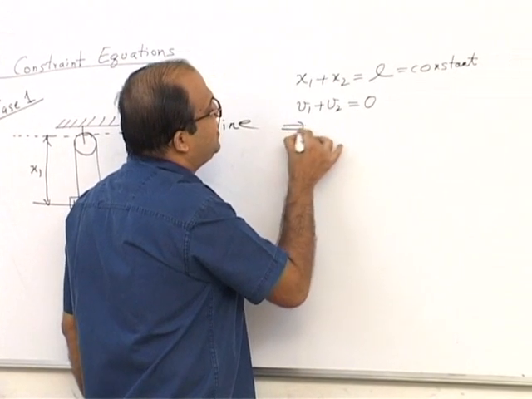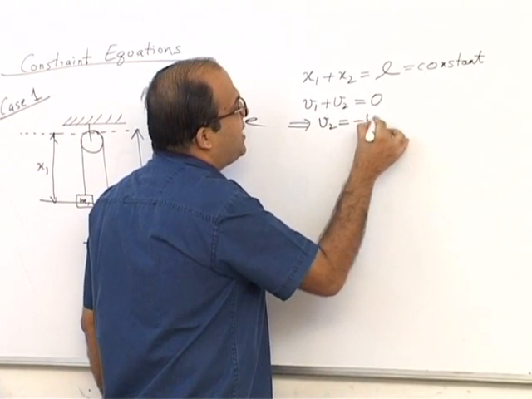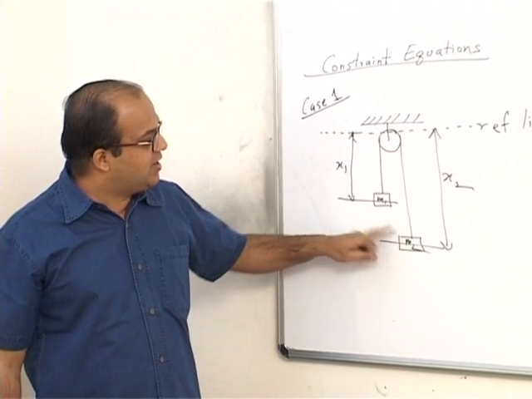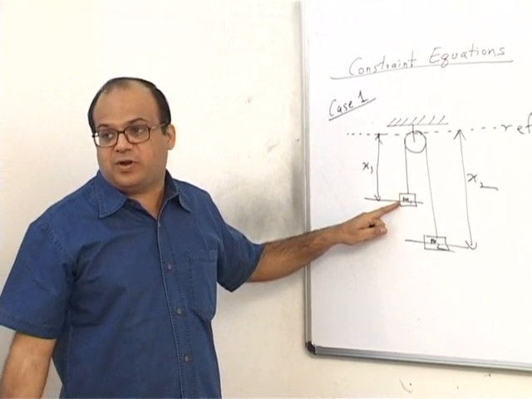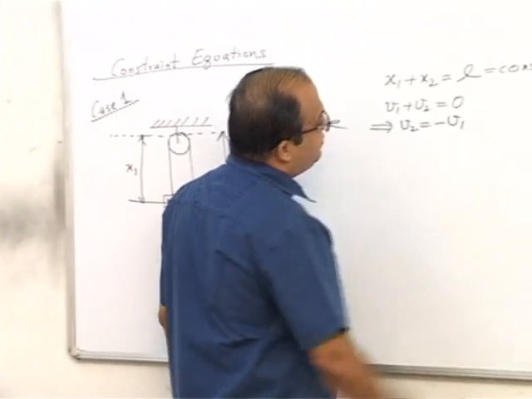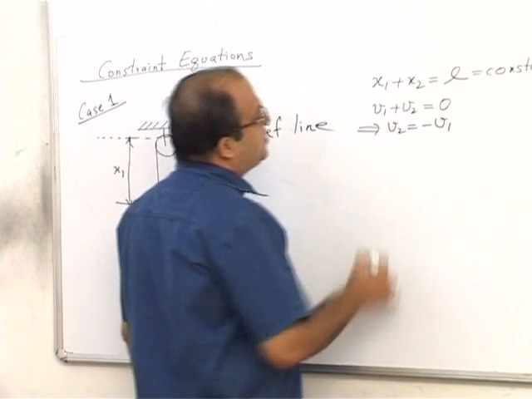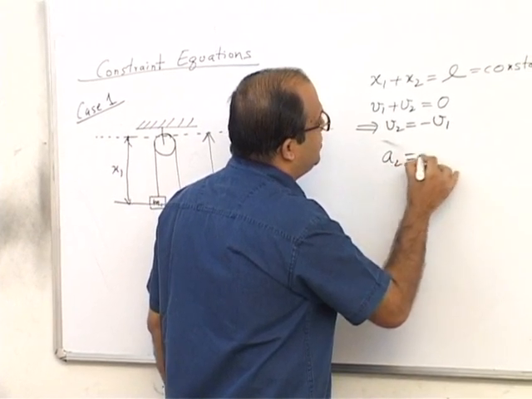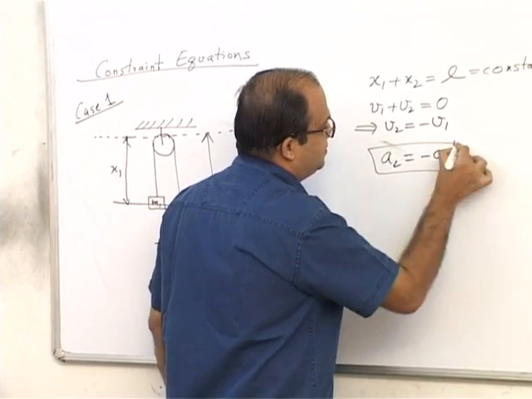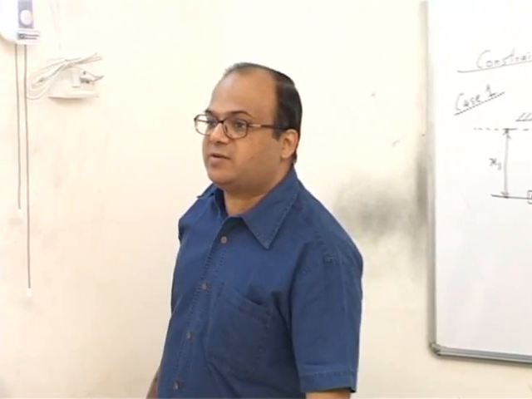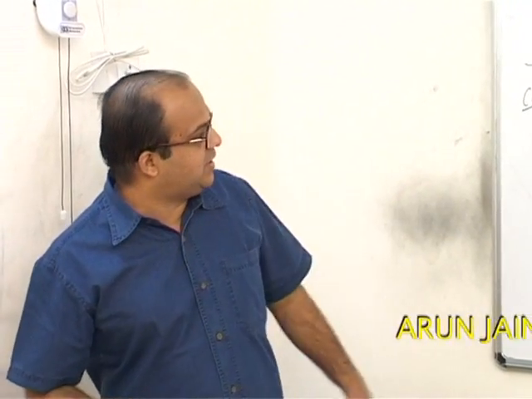So this implies v2 is equal to minus v1. That means velocity of M2 is minus the velocity of M1. That is very obvious, right? Again, if we differentiate this equation with respect to time, we will get a2 equal to minus a1. So this is how we get the relationship between velocity and acceleration for this simple case.